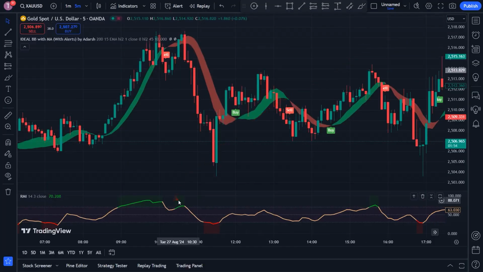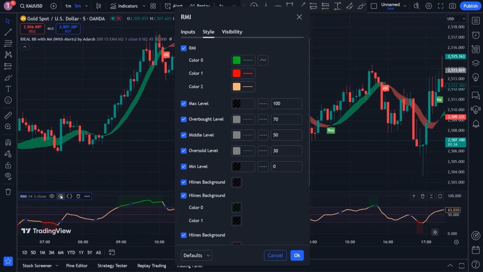Now, just like the first indicator, we need to change its settings and optimize it. So click on the gear icon next to the name of this indicator and enter its settings to make the changes.